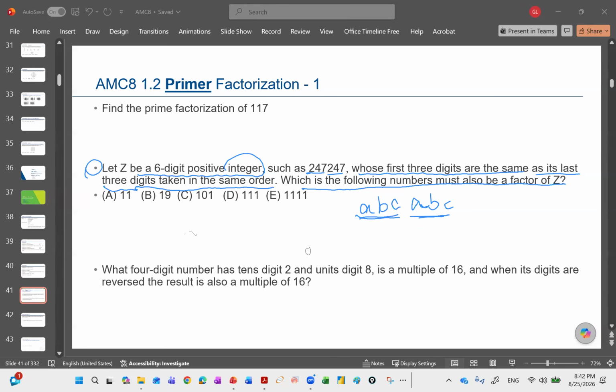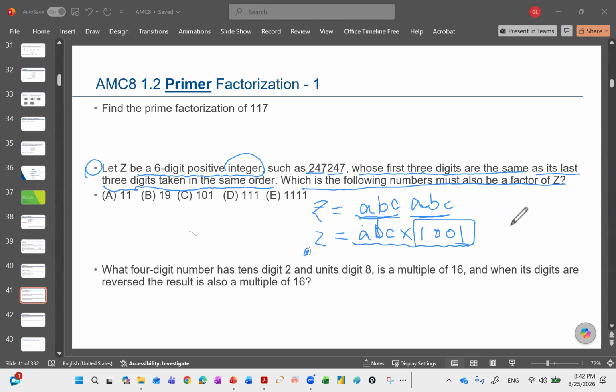If I take ABC out, I can take ABC out and then times what? 1001, right? So at least Z has one factor that is 1001.